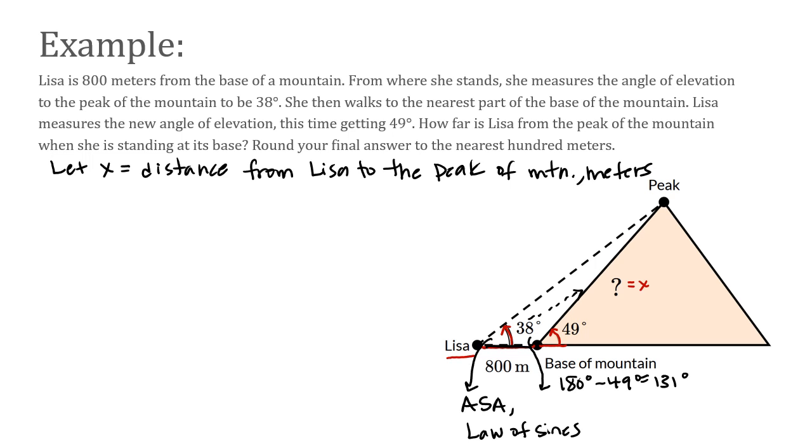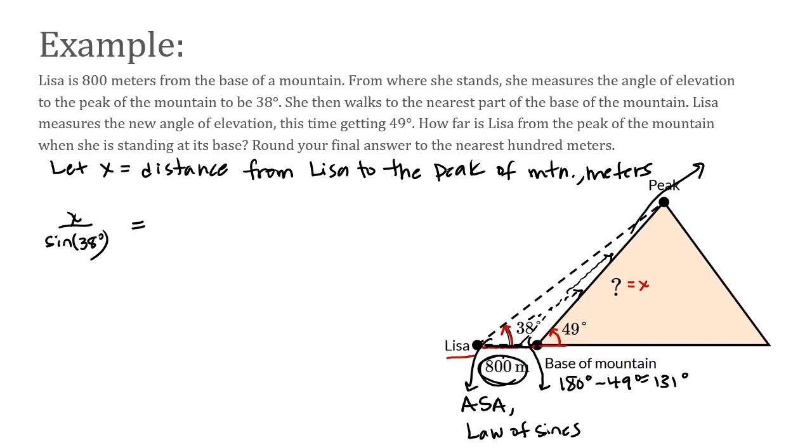So using law of sines, I can say that x over the angle across from it, the sine of 38 degrees, is equal to, now I need an anchor, don't I? I was given 800 meters. Do I know the angle across from that? That would be the angle that's up at the very top. That is not being given to us, but I do have the other two angles, don't I?